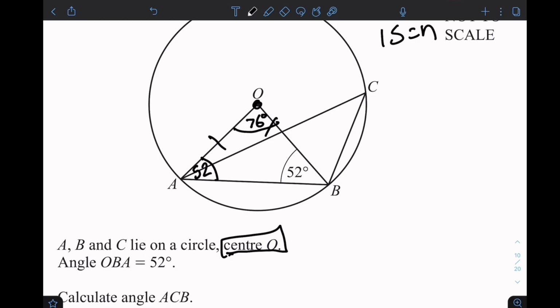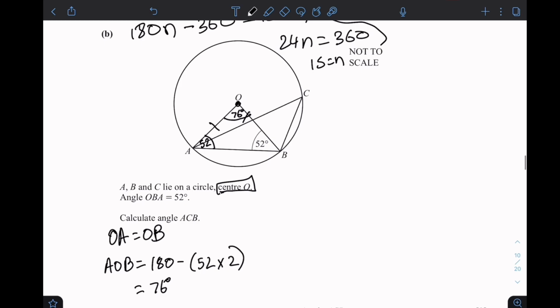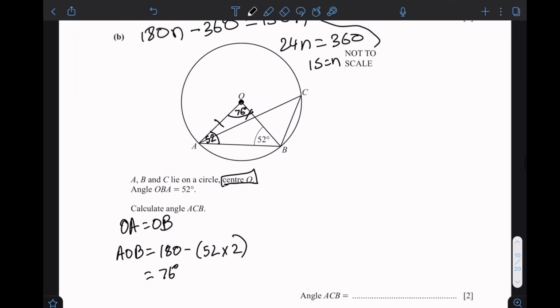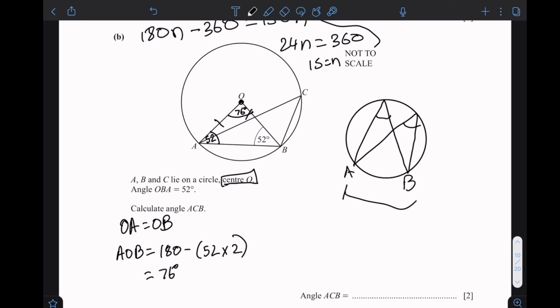Okay. Next, what you do is now, when there's a circle, the angles in the same arc, okay, so this is arc AB, right? This is arc AB, and the angles pointing at this arc are both equal.